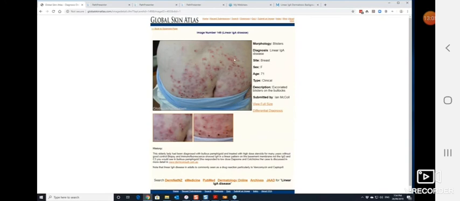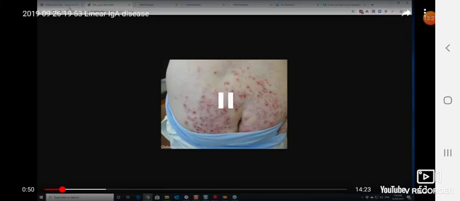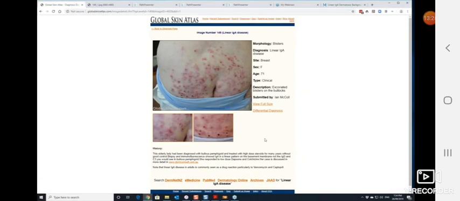Now, we'll look at some of these images here first. This was a lady who presented with some blisters and excoriated areas on her buttocks. You can see some of the blisters still out here, these areas of excoriation. Now, she was initially diagnosed as bullous pemphigoid, and she had been treated with high-dose steroids for many years without really control.